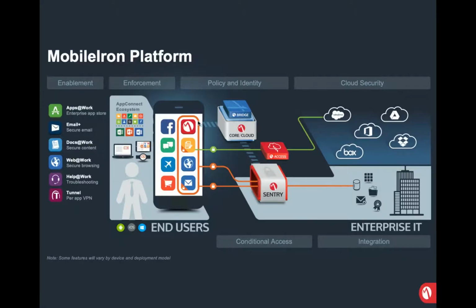All he needs to do is click on it and download the Mobile@Work application. When he enrolls, he types in his username and password and has to enter the host name of the MobileIron Core server. Cloud is anyways deployed over the cloud, so you don't really have to enter the host name. That enrollment traffic basically hits the MobileIron Core or MobileIron Cloud server.